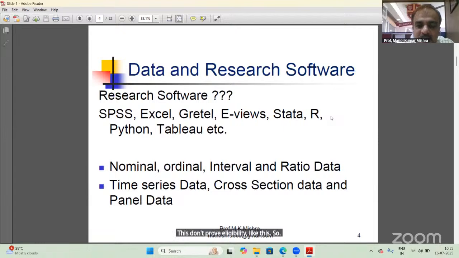So there are so many research software for statistical calculation: SPSS, the Statistical Package for Social Science.